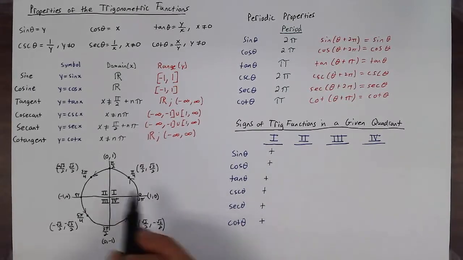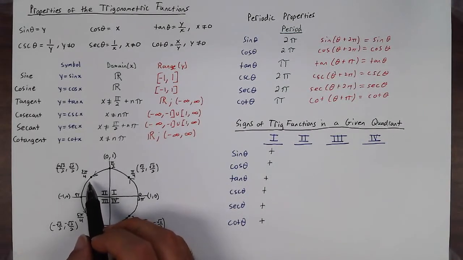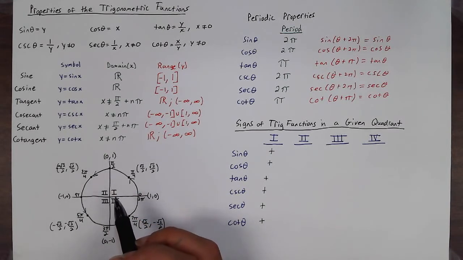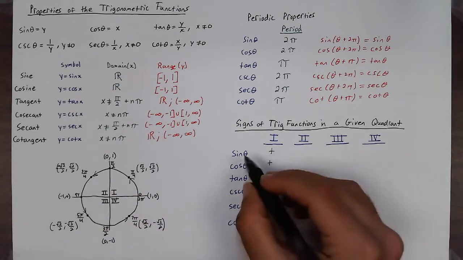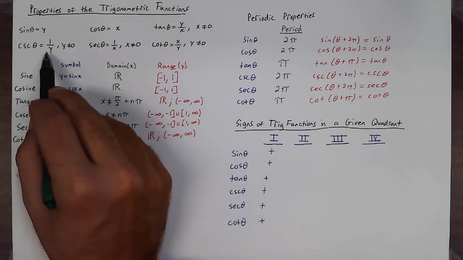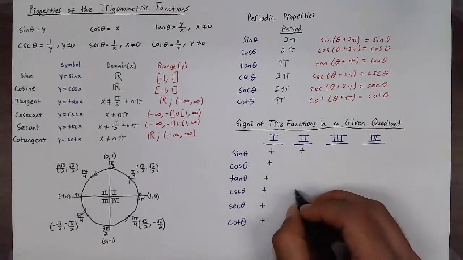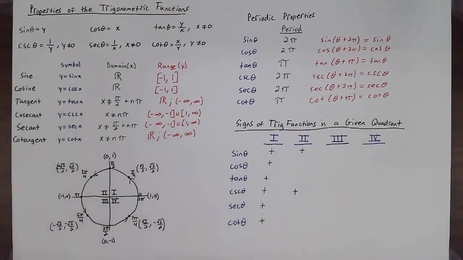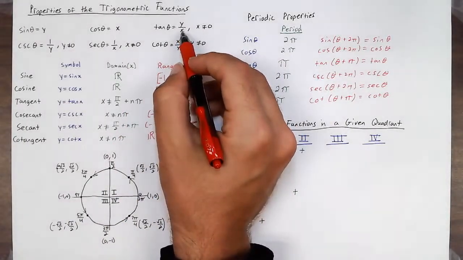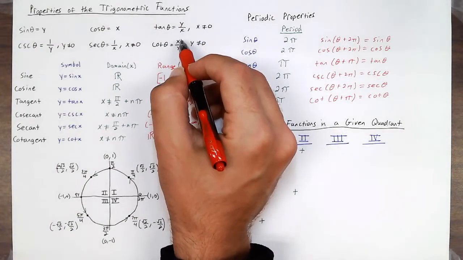Now, in the second quadrant, we will find that x is negative, but y is positive. So meaning anything that involves only y, which is sine and cosecant, will be positive, while anything involving x is going to be negative. Even as y over x, that will be a positive over a negative, or a negative over a positive.